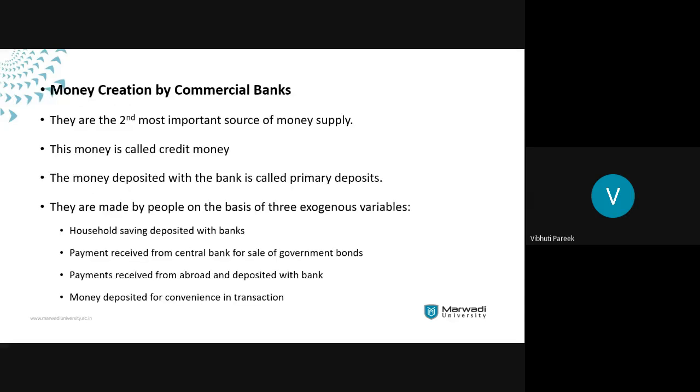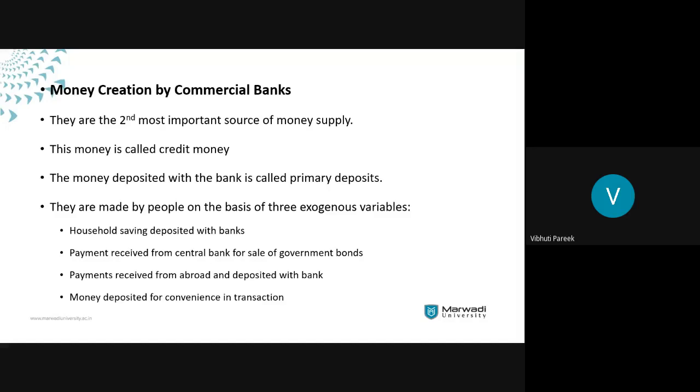So it is very important for us to understand what sort of money is created by the commercial banks, because this money plays a very important role in the total money circulation. So now, what is this money creation by commercial banks?